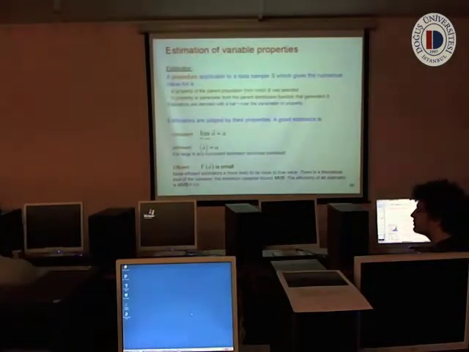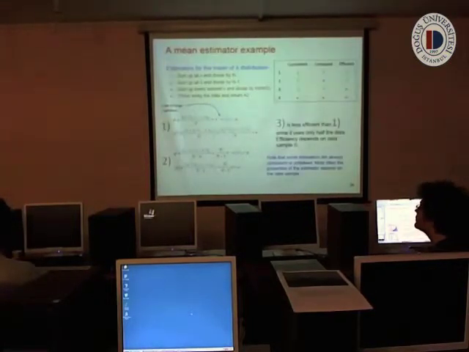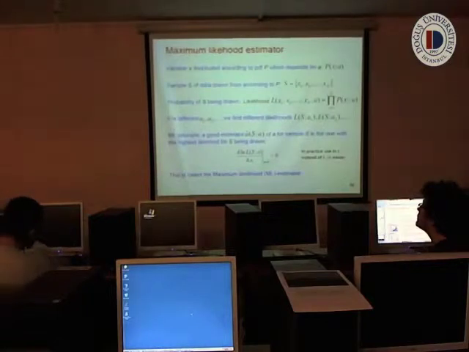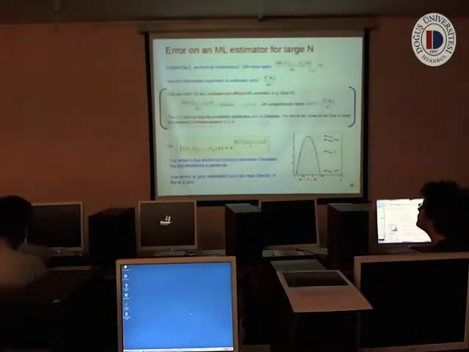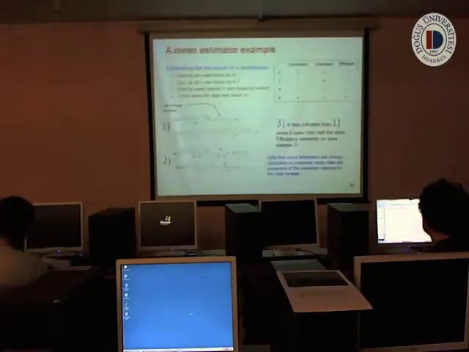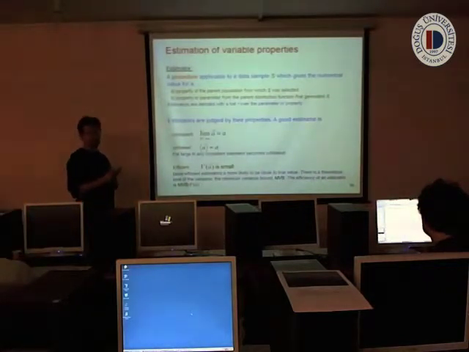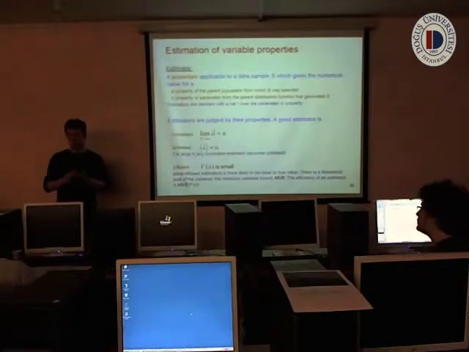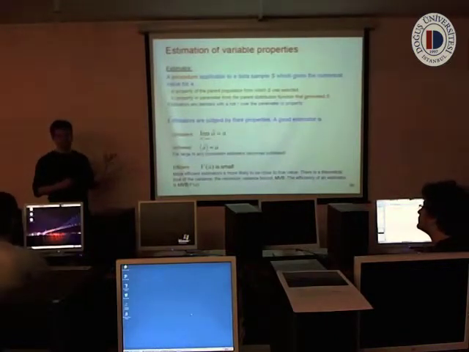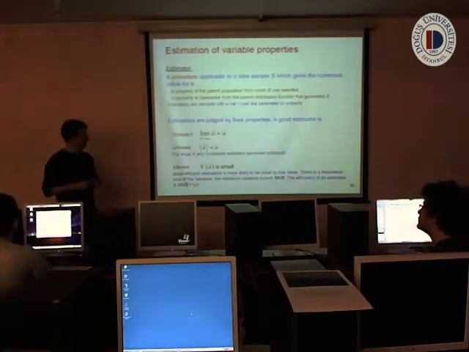Tomorrow morning, 7:36? Okay, so tomorrow morning we go through the estimation of variable properties, for which we use the chi-square fit and the maximum likelihood fit, which are two of the most commonly used estimator methods. And that's it.